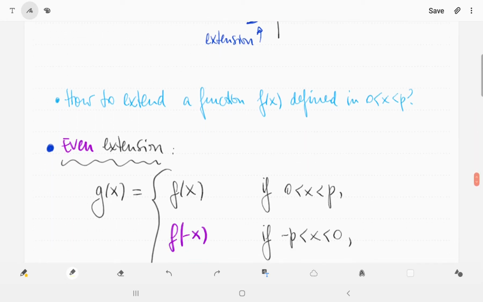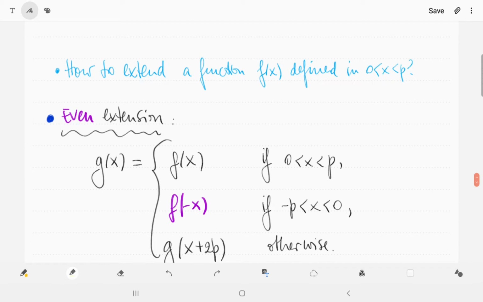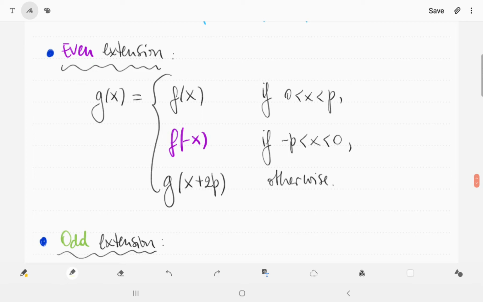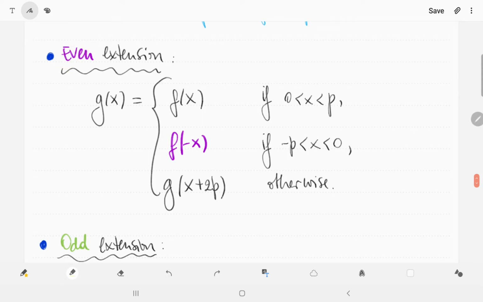So how to extend the function f defined in the interval (0, p). The even extension is, I have f given in this interval, and then I want this new function g to be even, so I just put the right thing here to verify the definition of being even, which is exactly f(-x), where x now belongs to the interval (-p, 0).